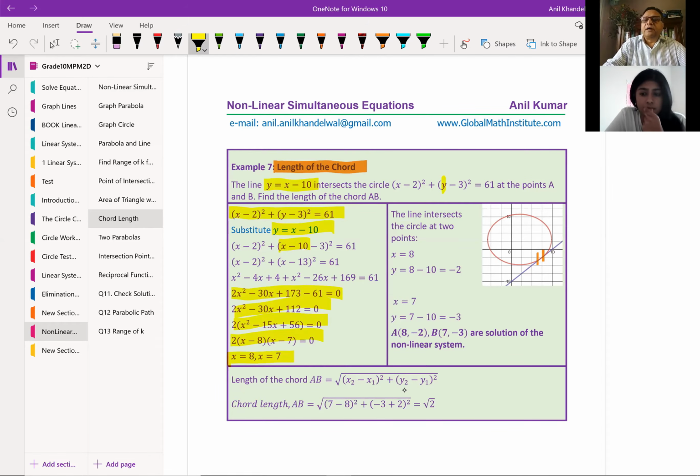So that satisfies the 2 points A and B, right? We were expecting two values. Since we got those x values, we can substitute them and find the y values, right? So once you find the y values, we get the points. So we got the 2 points right there. And now the question is to find the length of the chord. So basically, you remember the distance formula, apply the distance formula and get the length of the chord, right?